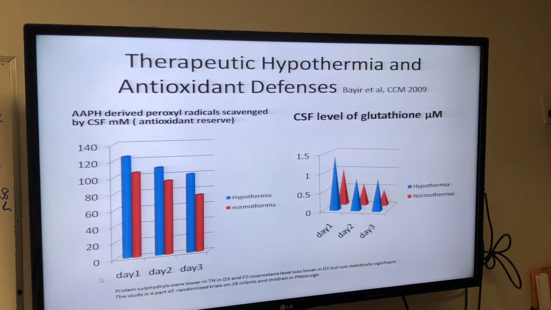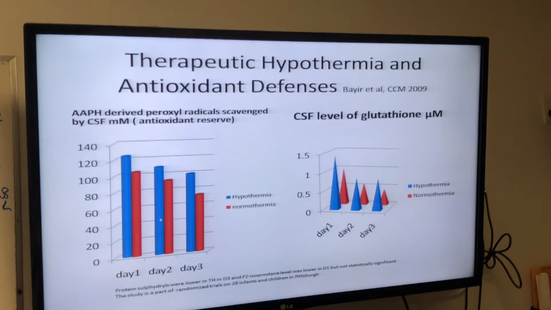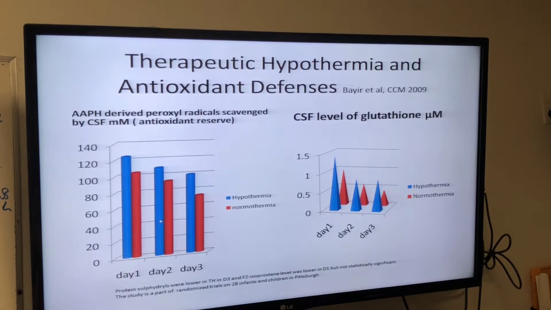This is a study that was done in Pittsburgh Children's Hospital, and they actually did a study on kids for hypothermia, and they failed clinically, and they showed no difference.